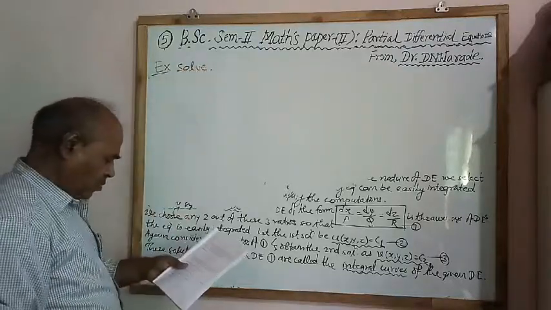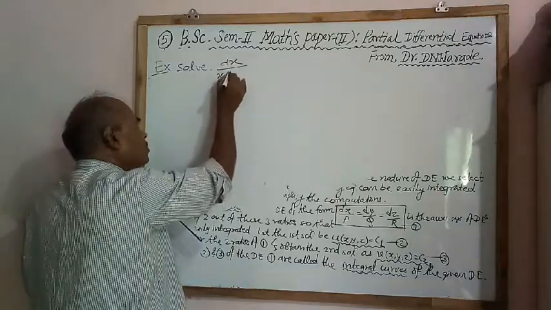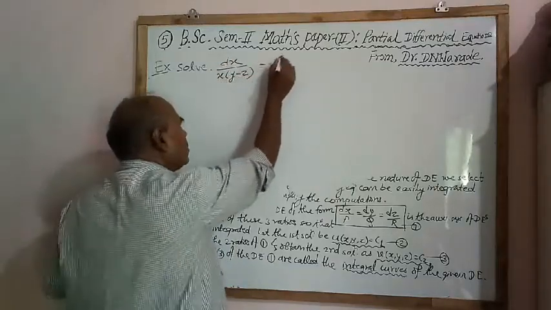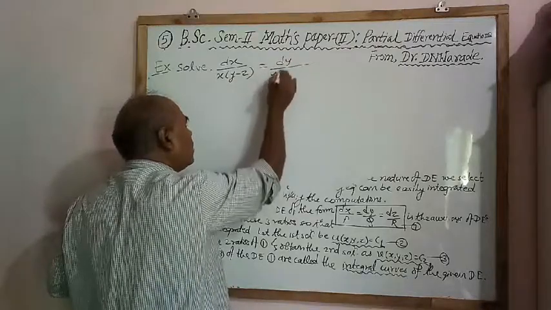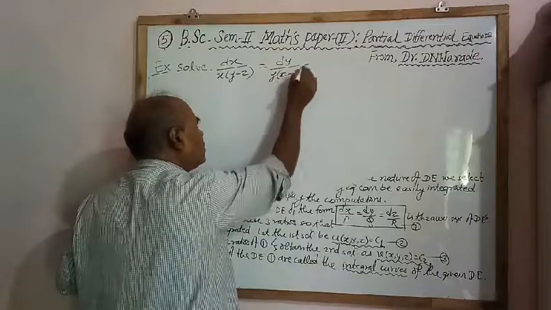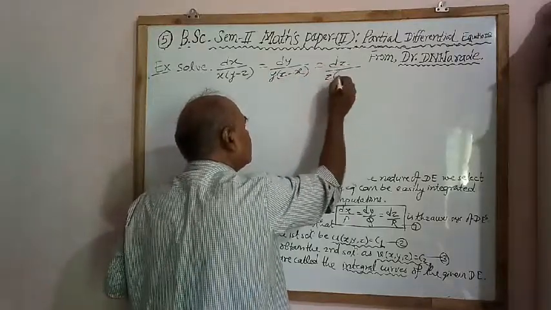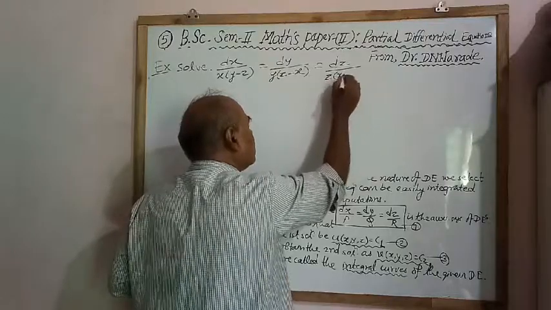Solve the differential equation dx divided by x(y minus z) equal to dy divided by y(z minus x) equal to dz divided by z(x minus y).